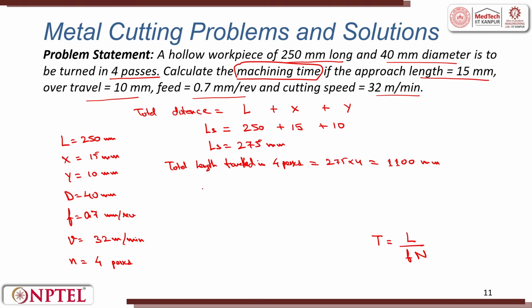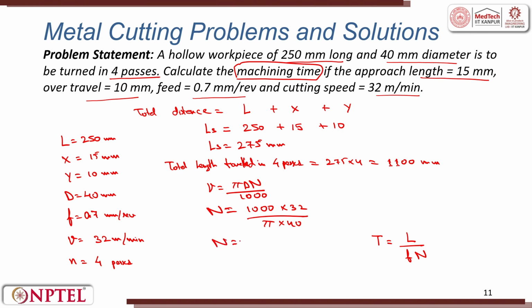To calculate n, we know that speed is equal to pi dn by 1000, therefore n is equal to 1000 into the cutting speed, that is 32, by pi into the diameter, that is 40.